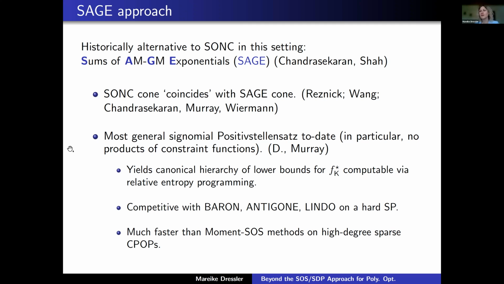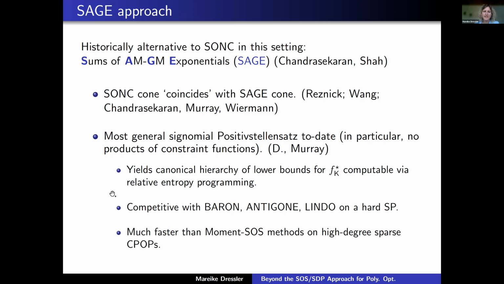So we can show that it yields a canonical hierarchy of lower bounds. Again, they are computable via relative entropy programming. So this all stays the same, but the positive Stellensatz is a little bit more powerful, which yields better tractable and also better bounds for our optimal value.